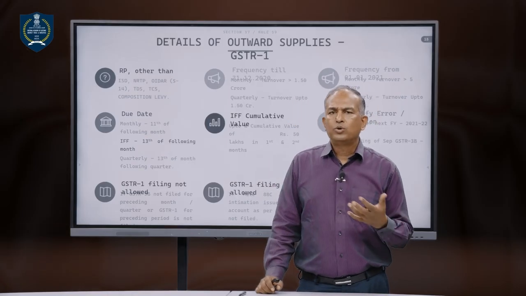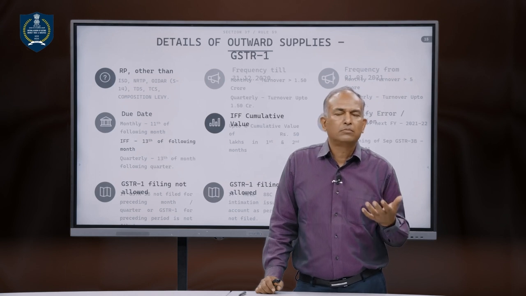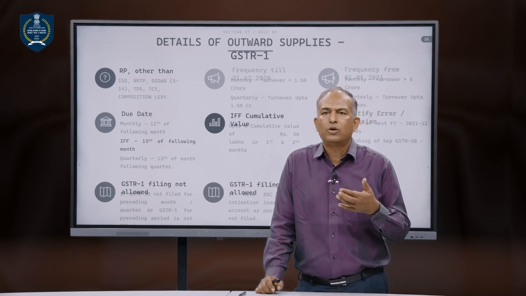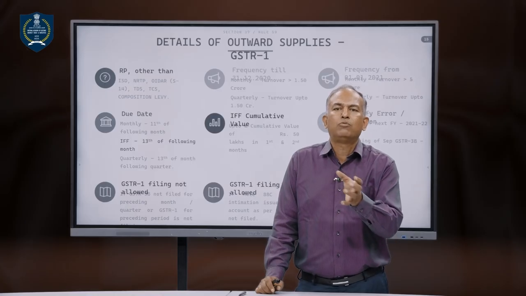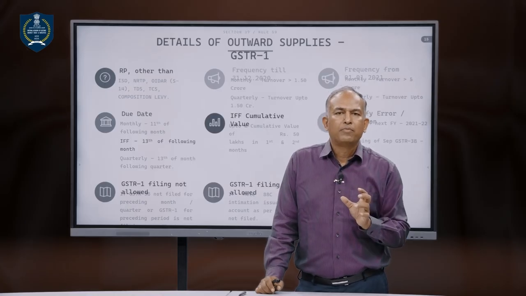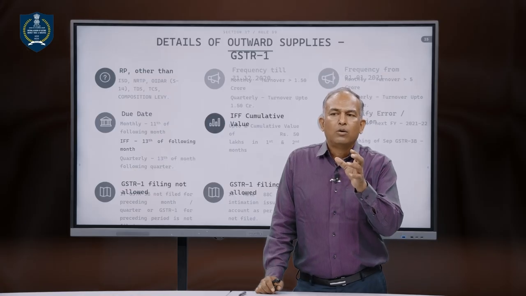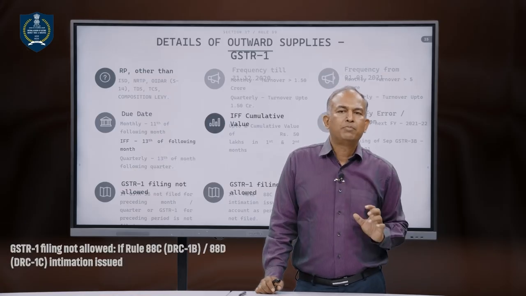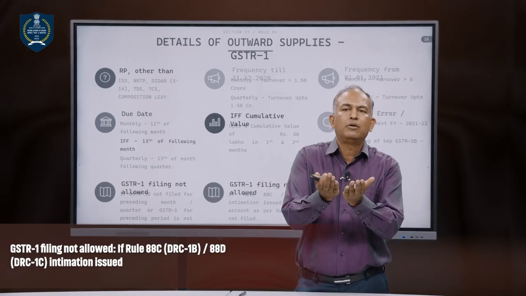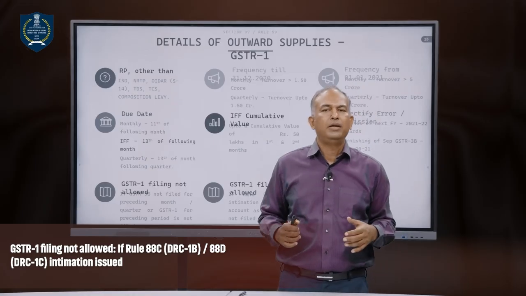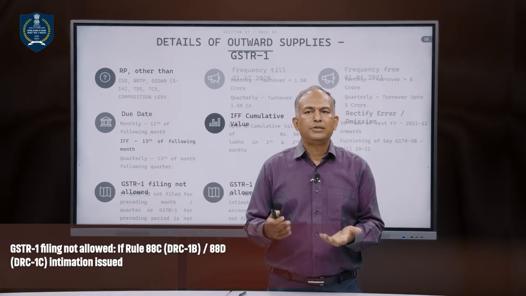Now, when I spoke to you about the various reasons why we focus on the returns of a normal taxpayer, I was talking to you about the mismatch between a GSTR 1 and the GSTR 3B. Whenever there is a GSTR 1 GSTR 3B mismatch, the system communicates this mismatch to the taxpayer in the form called DRC 1B, I think under Rule 88C of the CGST Rules.